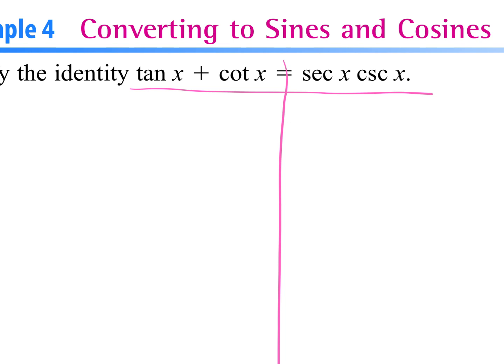I can change the tan to what? I could change it to 1 over cotangent. Probably would have done that. Again, different ways that we can do this. What do you want to do next?